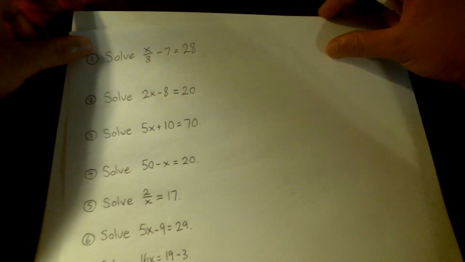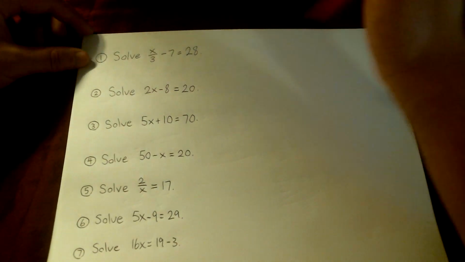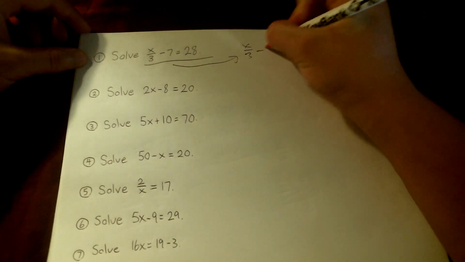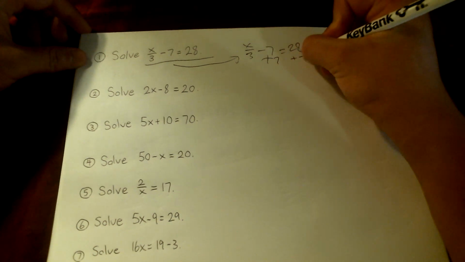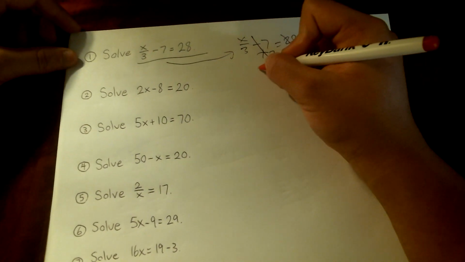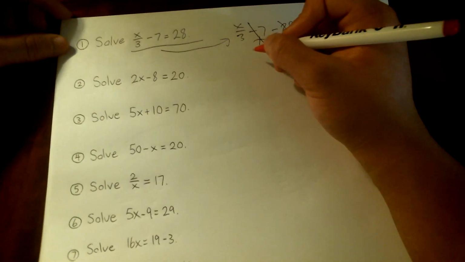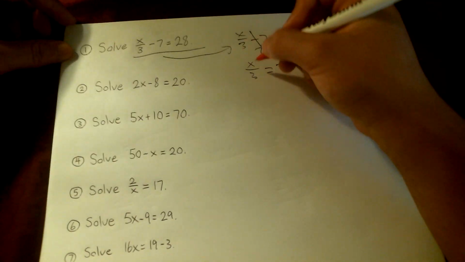For the first one, it asks to solve x over 3 minus 7 equals 28. So on this one, x over 3 minus 7 equals 28. We would have to add 7 to both sides. Crossing this out, this would be 21. And that would leave us with x over 3 equals 21.